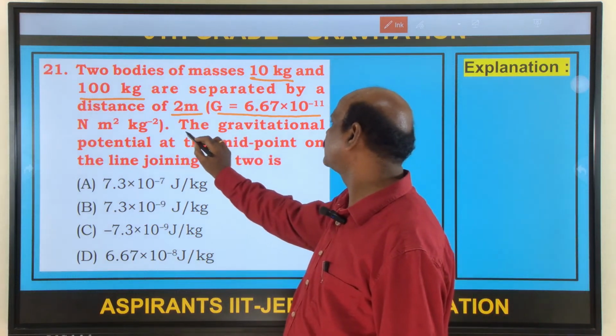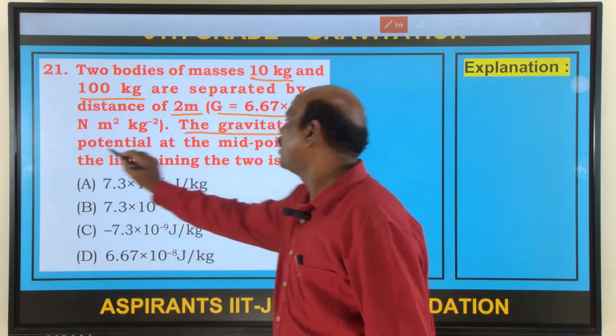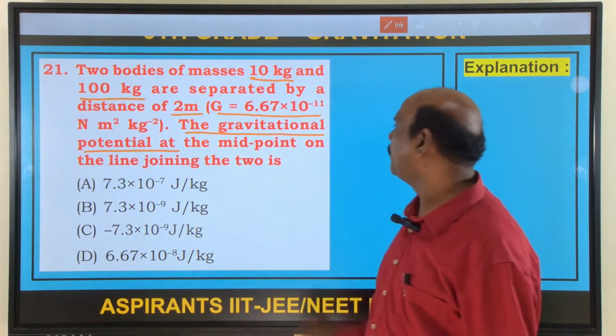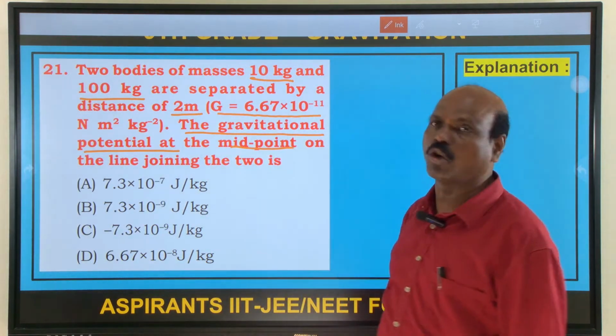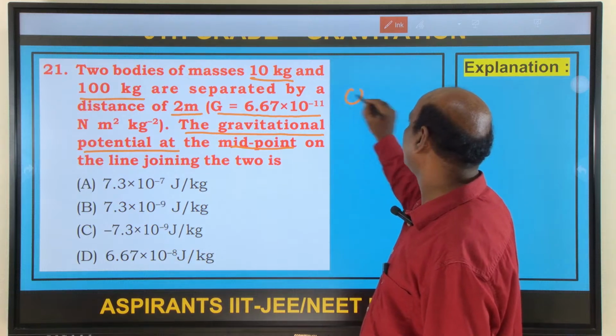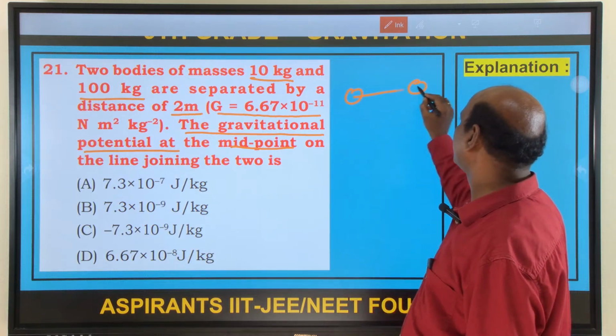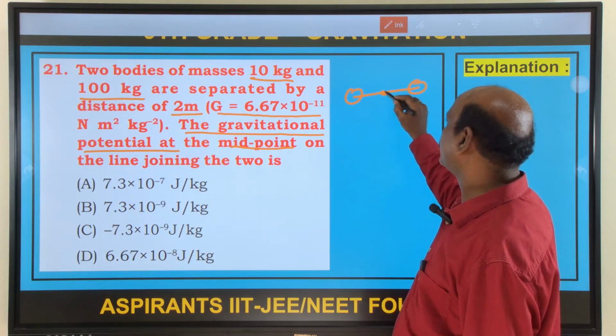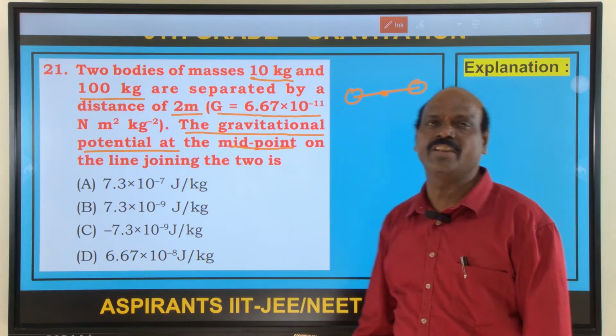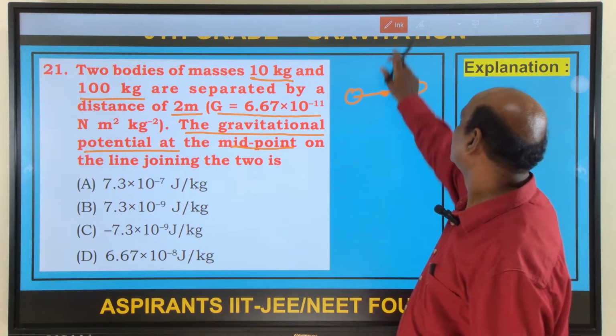Then he is asking us the gravitational potential at the midpoint of the line joining these two bodies. So let us see.